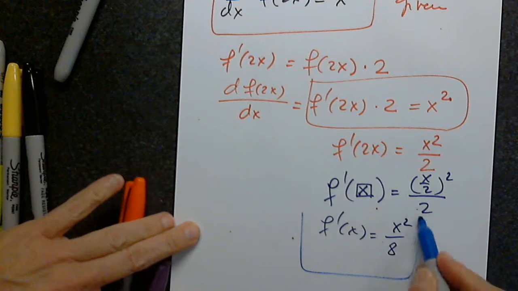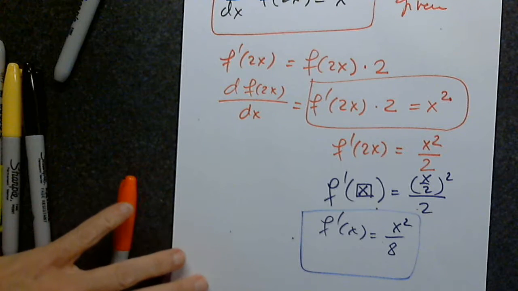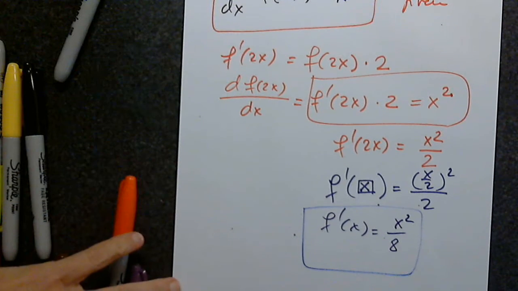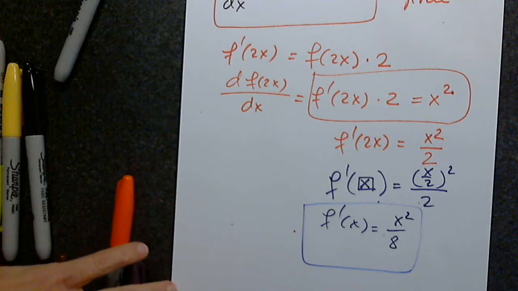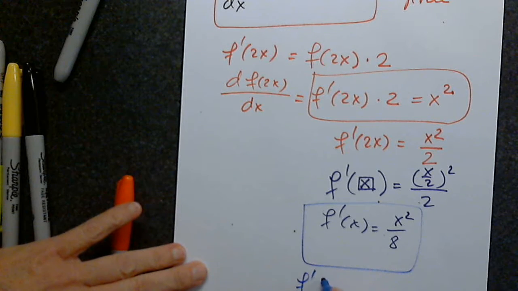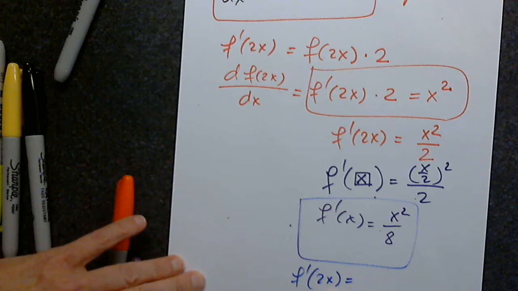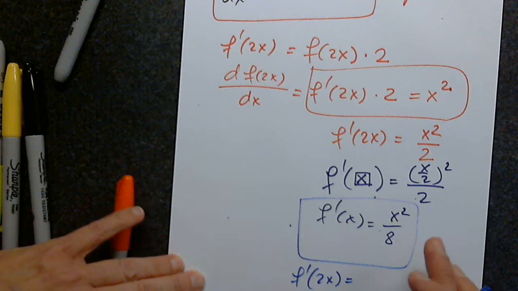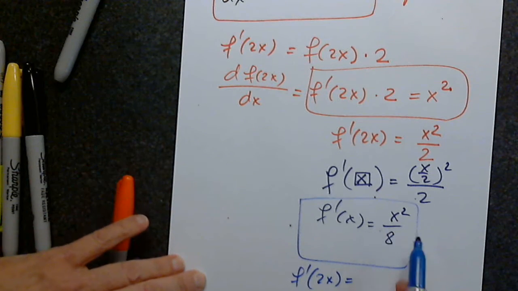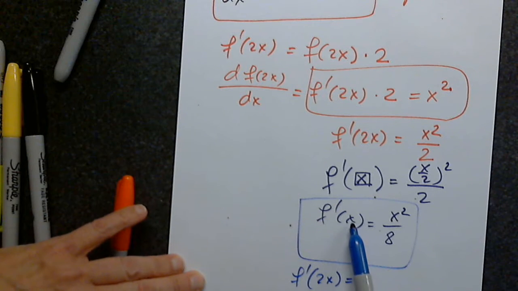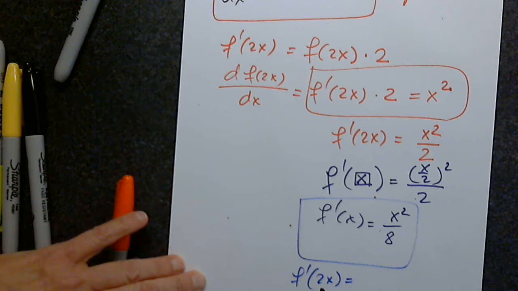If this is true, how much will it be if I replace x by twice x? So the f prime of twice x, right, will be, replacing in here, going backwards now, I'm replacing x by twice x.